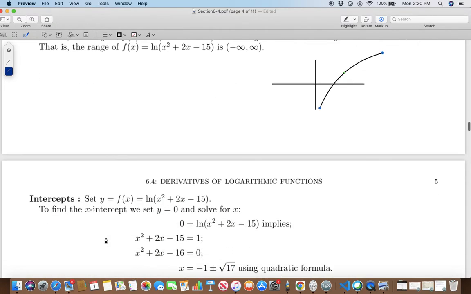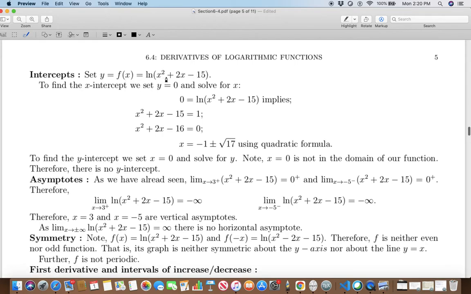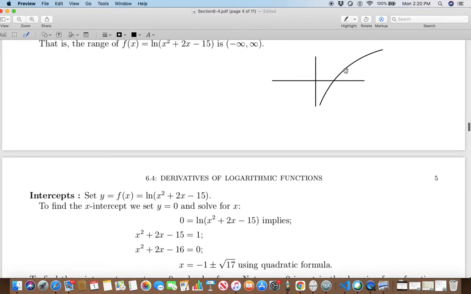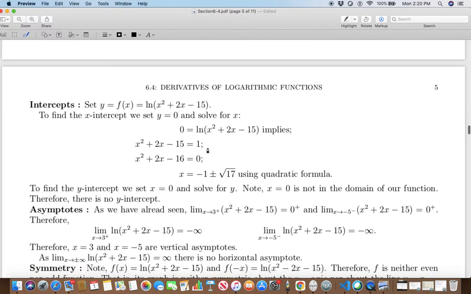Okay. What about intercepts? Well, to find the x-intercept, you set y equal to 0. So if I set it to 0, natural log of this is 0. When does natural log become 0? It's only at 1. In other words, the argument inside should be 1.